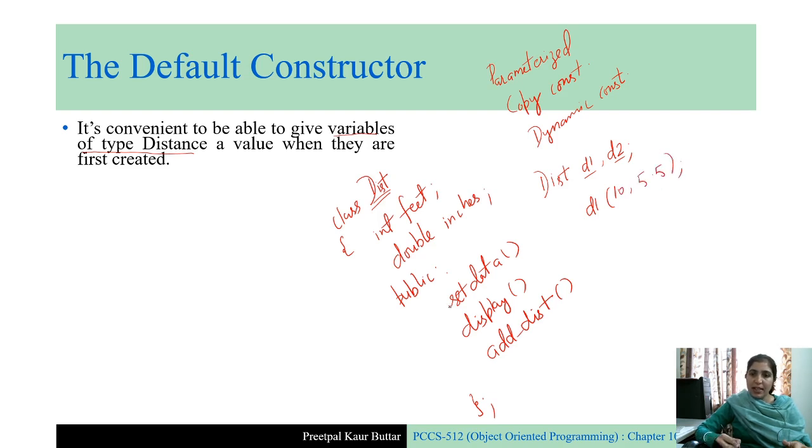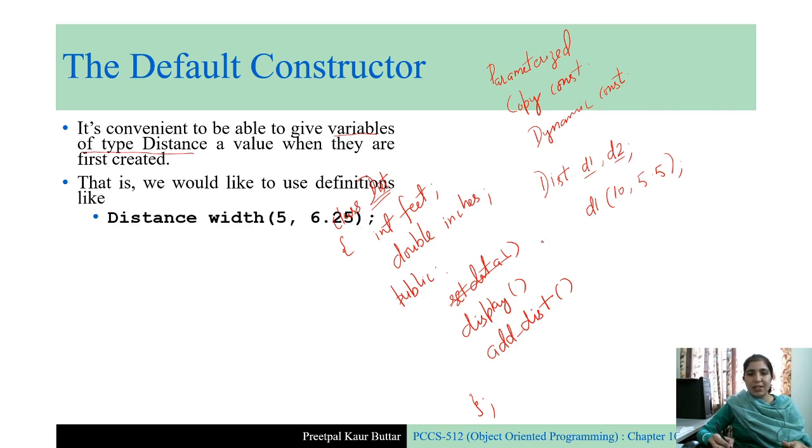In that case we do not need set data, we can create a constructor. We would like to use definitions like distance width 5, 6.25. What is distance here? Distance is the type or the class, and width is the variable, or we can say the object, and we are initializing this.